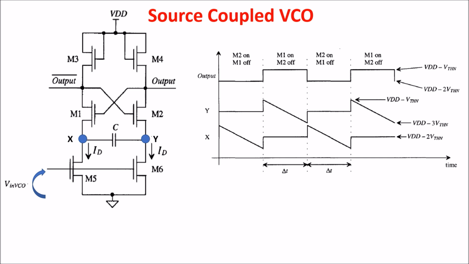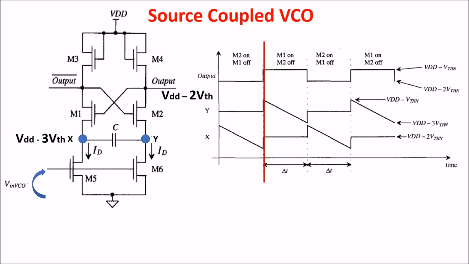We see that when M2 is on and M1 is off, the voltage on the output is VDD minus 2V threshold, the same as point Y, which is kept to this voltage while the capacitor is charging, pulling down the voltage in point X. When the voltage in point X reaches VDD minus 3V threshold, M1 switches on and M2 switches off.